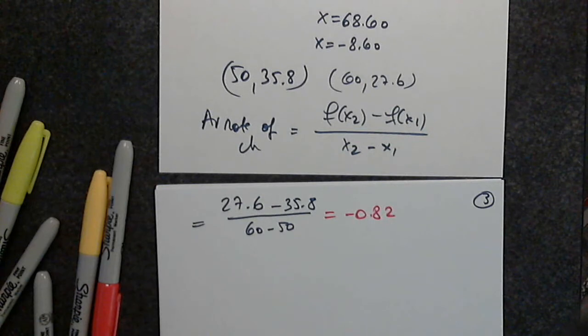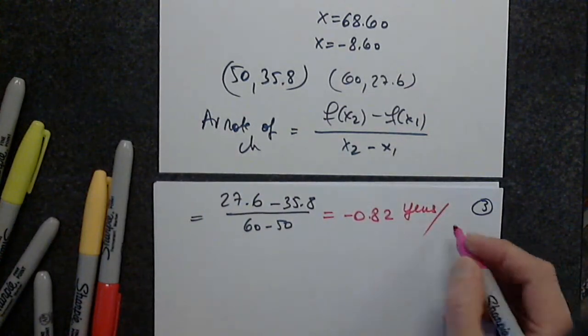The measurement unit is crucial. Negative 0.82. Measurement unit. Say it again. It's in years, so it would be years per age group.